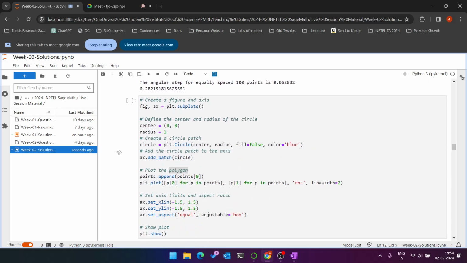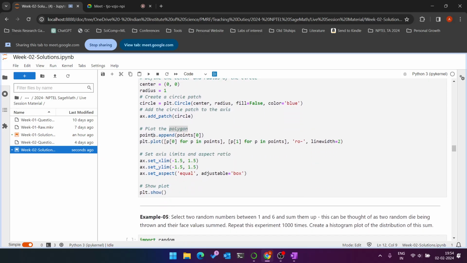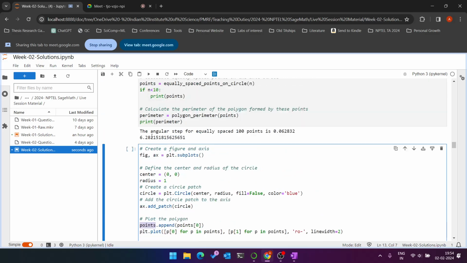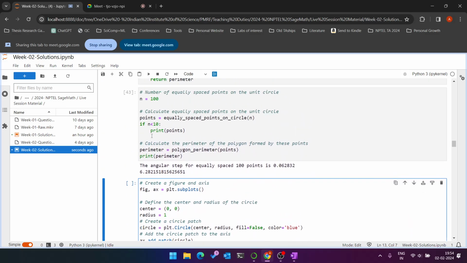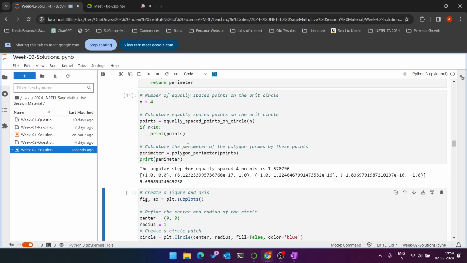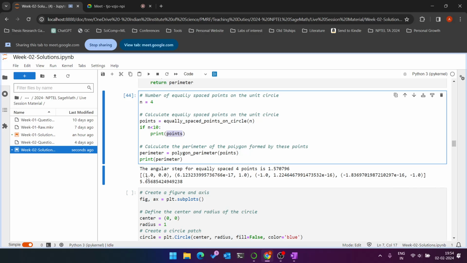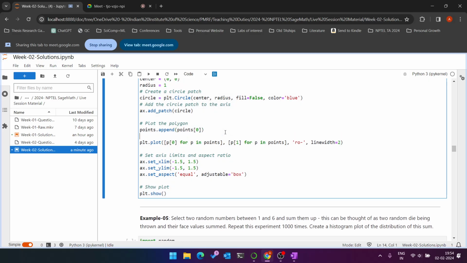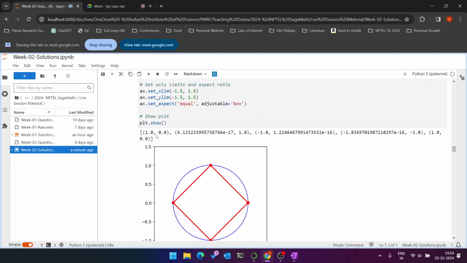So the way to deal with this is we add the first point, which was P1, again at the end of our points array. So I'll set the points value to 4. You can see that at the moment, when I'm printing points, my points is P1, P2, P3, and P4. Once I do this and say I print points, we'll see what happens.